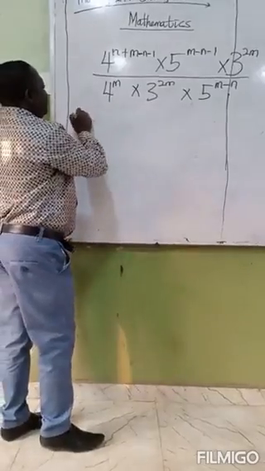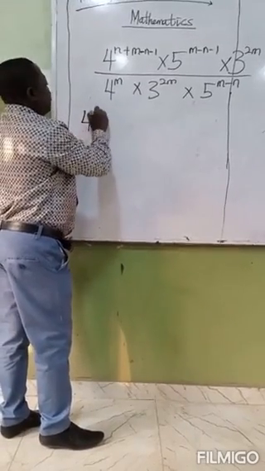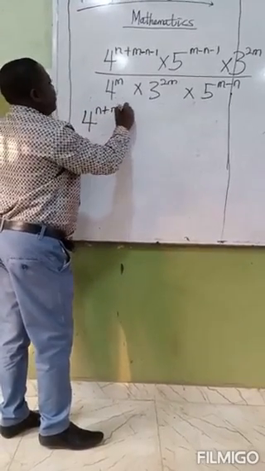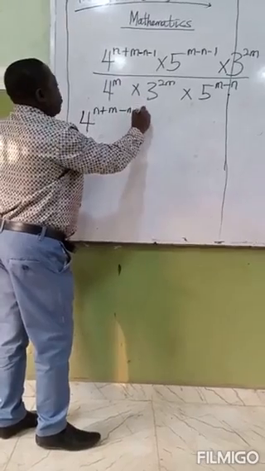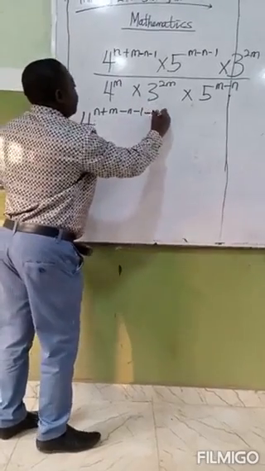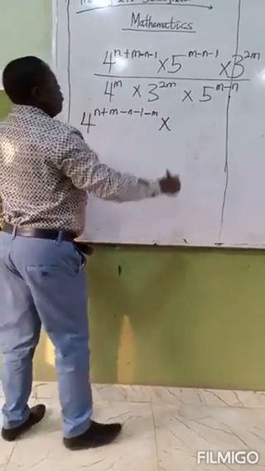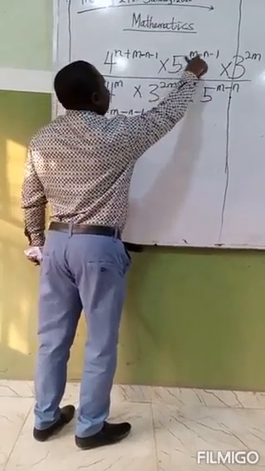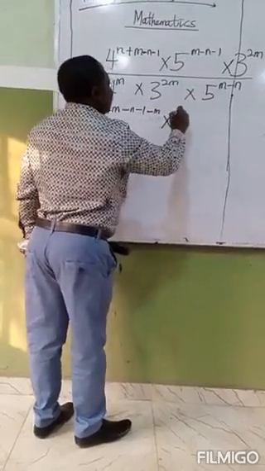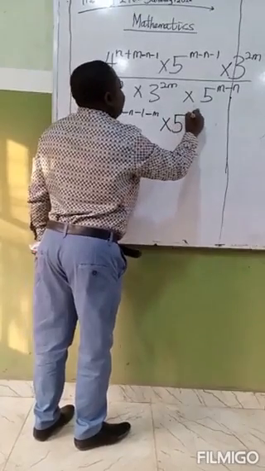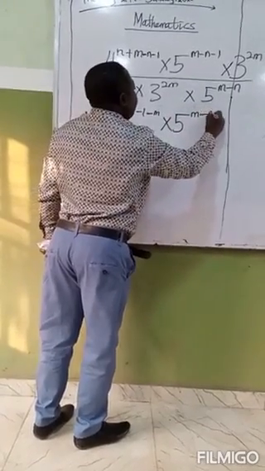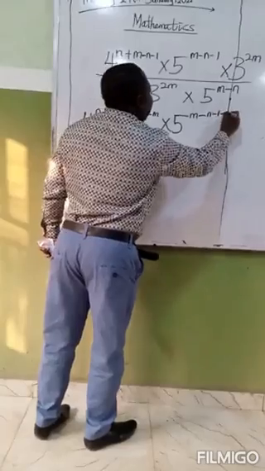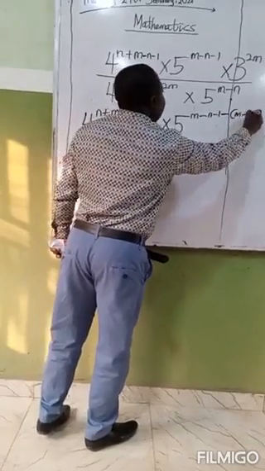Let's do that. 4 raised to power n plus m minus n minus 1, then minus m. Then also, we are subtracting m minus n from m minus n minus 1. And this becomes 5 raised to power m minus n minus 1 minus m minus n.